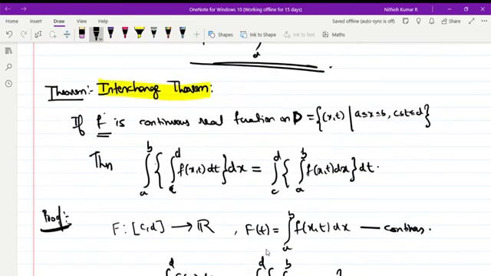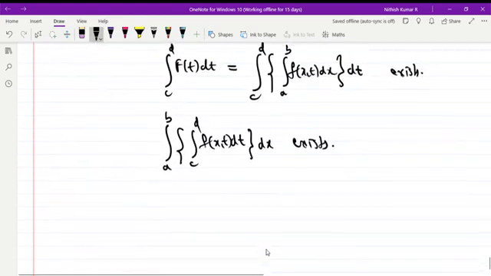Now, using the continuity of f: f is continuous on D, and since D is a closed rectangle, it is a compact set, so f is a continuous function on a compact set.